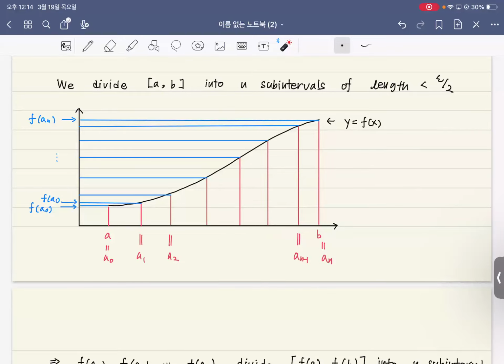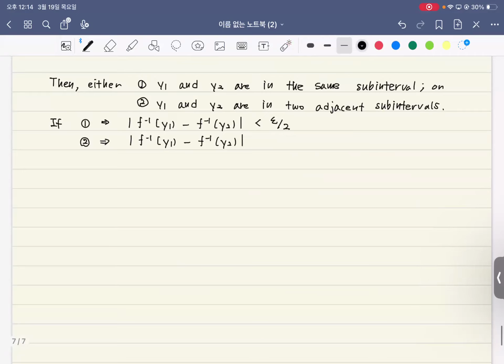So in both cases, the distance between f inverse of y1 and f inverse of y2 is always less than epsilon.